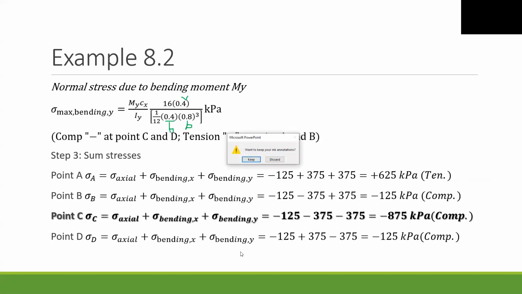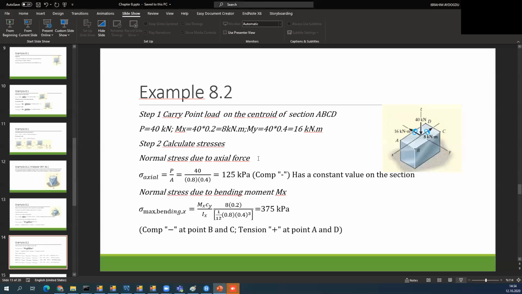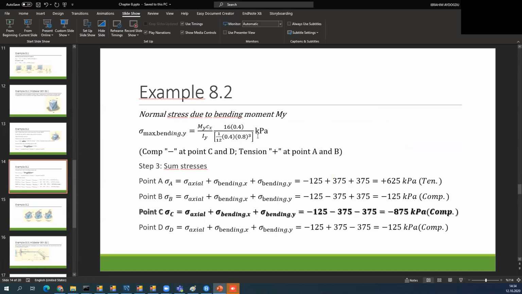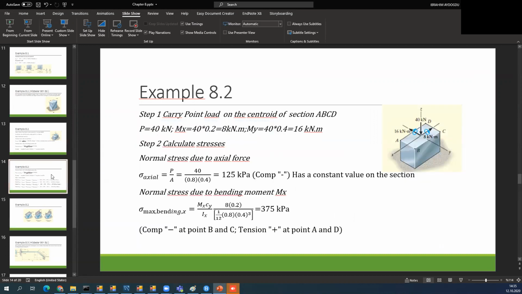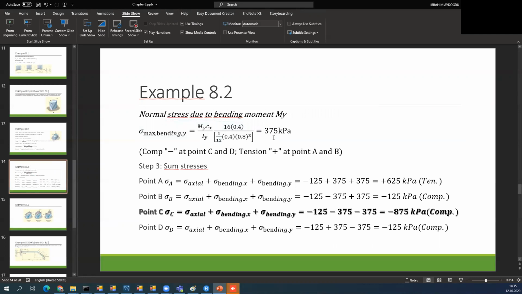And in this card, also we obtain the same value. This is equal to, sorry about that, I forgot to write the solution, 375 kilopascal. Also, don't forget to write the equality in here. Let me check. Yeah, also I already wrote in here.